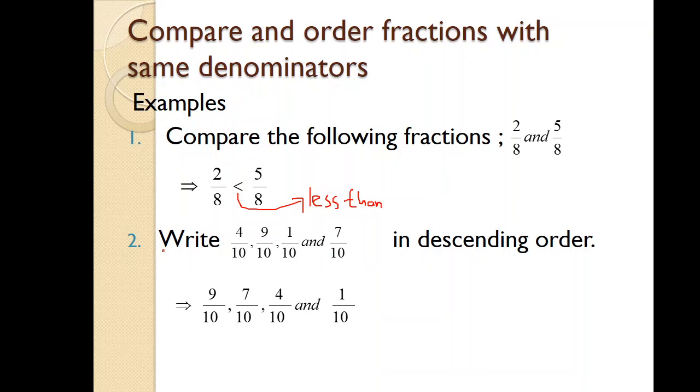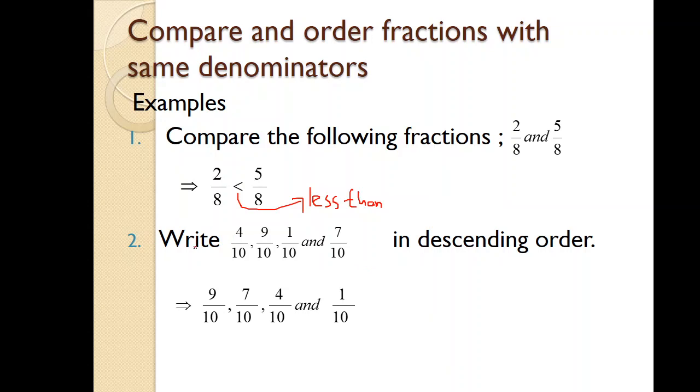Now example number 2, write these fractions. We have a list of fractions in descending order. Remember, we are ordering them starting from the bigger one going to the smaller one.